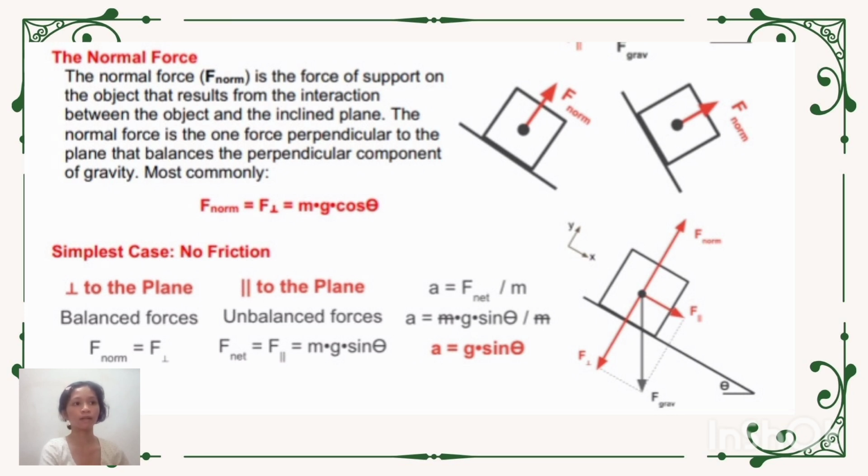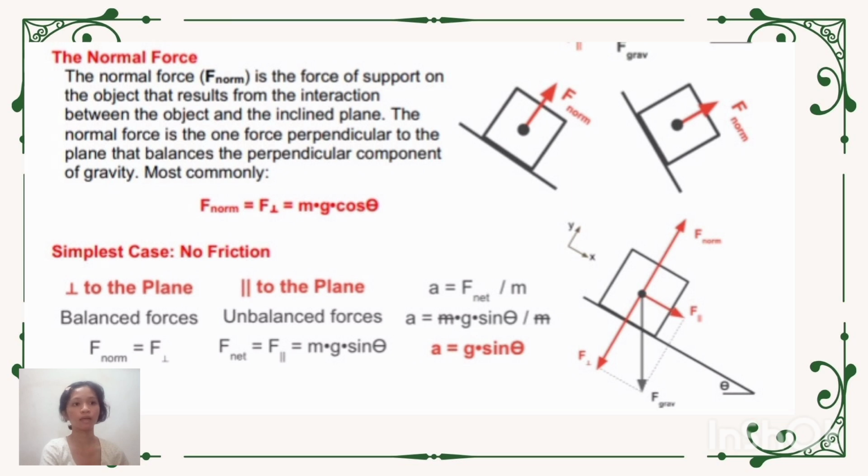However, for the force parallel to the plane, the situation is different. Here, there is an unbalanced force pulling the object down the slope. This is the parallel component of gravity, where F net equals m times g times sine theta.